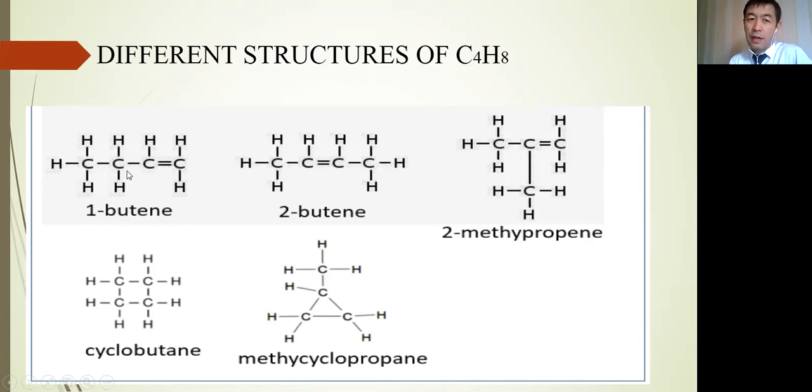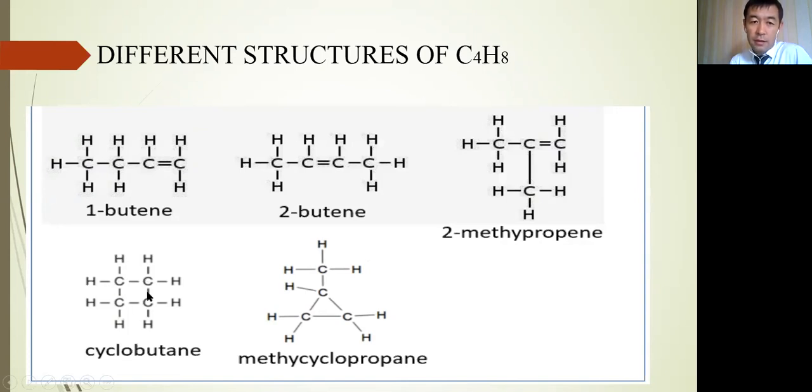You could draw it like this, or you could also draw it like this, as a linear structure, and you could also draw it like this as branched, with 3 carbons linear and 1 carbon branched. And you could also draw it like this, as a ring.